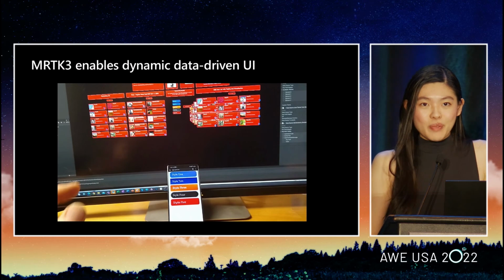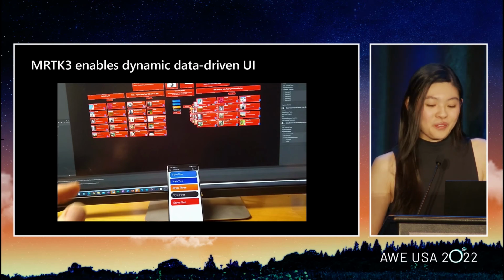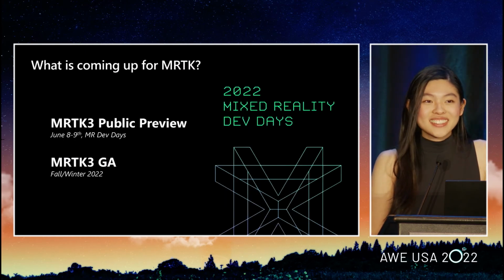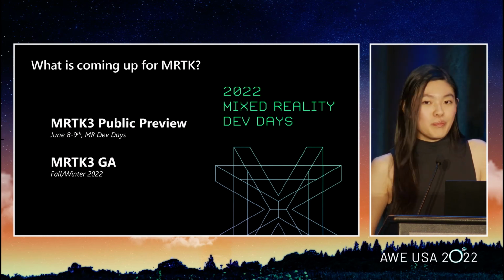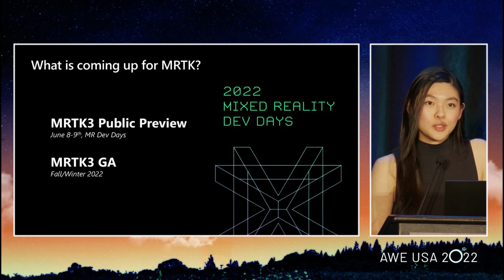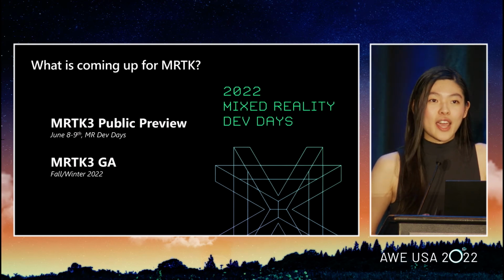So now you've had a sneak peek at our new features to come. You might be wondering, when can I try them out? And I have good news for you, because it's very soon. In fact, just next week on June 8th and 9th, we're going to be having mixed reality dev days at Microsoft. And this will be both in person on Redmond campus and also virtually online. During these 2 days, we will be having our MRTK3 public preview debut. And we have a fantastic schedule of sessions lined up with technical deep dives on MRTK3.